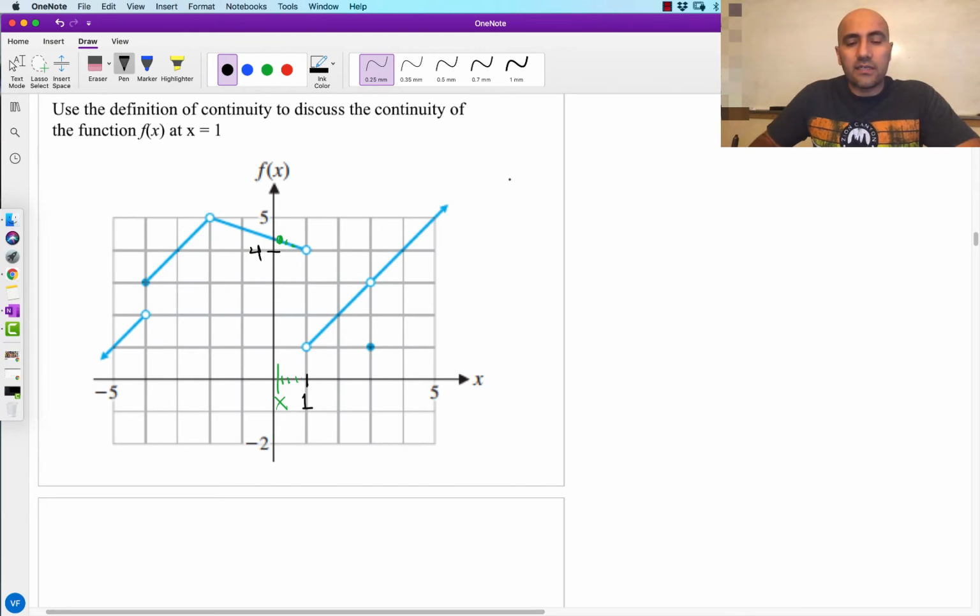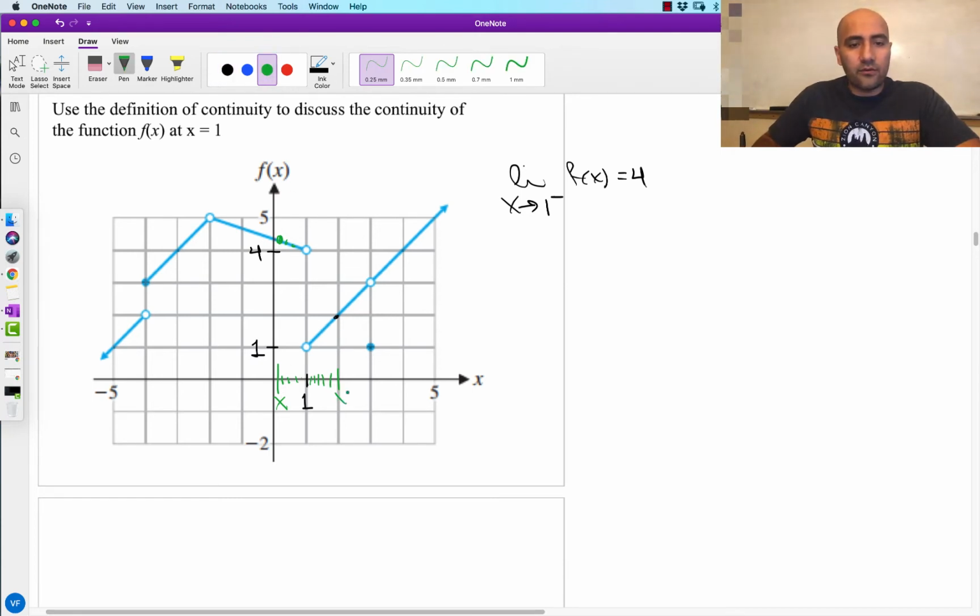So the limit does exist. The limit as x approaches 1 from the left-hand side of f of x is going to be equal to 4. And then from the other direction, the limit as x approaches 1 from the right-hand side does exist. The output values are going to be consistently walking toward this number, which seems to be about 1.